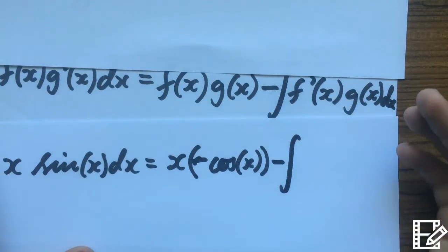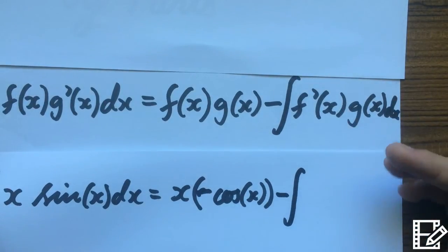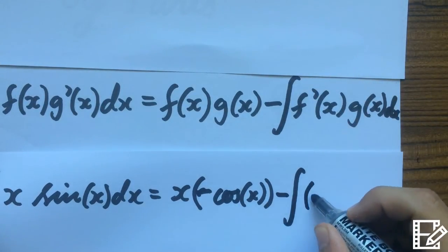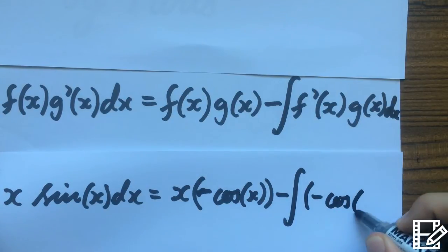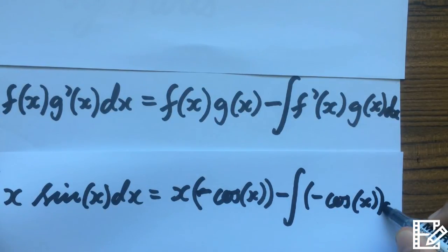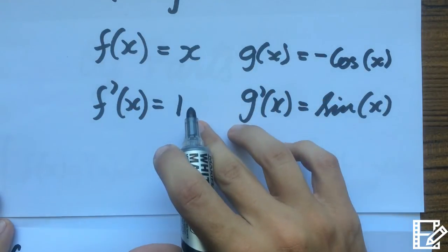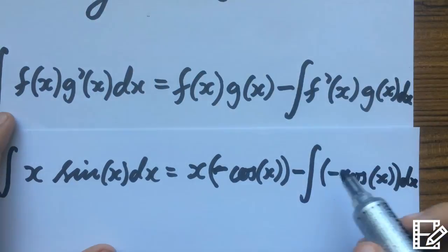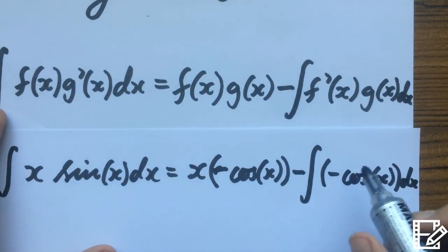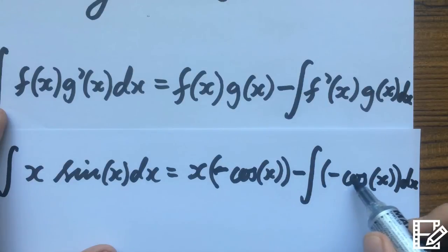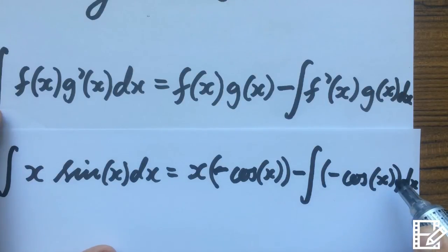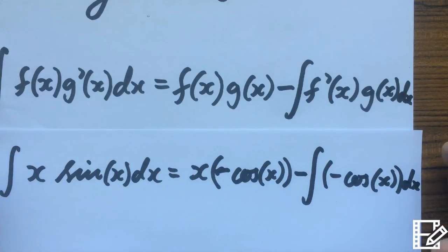So 1 times negative cos x is just negative cos x, and then dx on the end. That's why I chose in this stage to derive x, because we get 1. It makes it much easier when you get to this bit, because 1 times negative cos x would just be negative cos x. So the less we have to work with, the better.